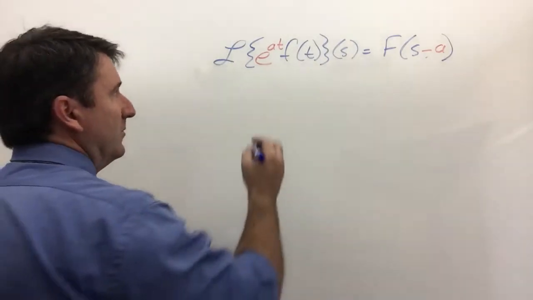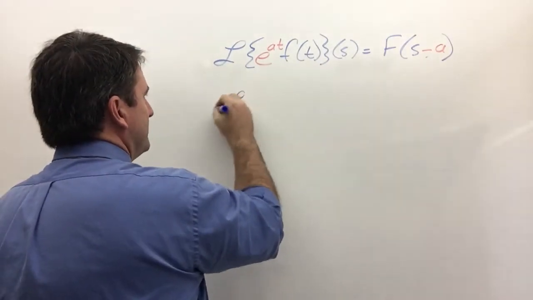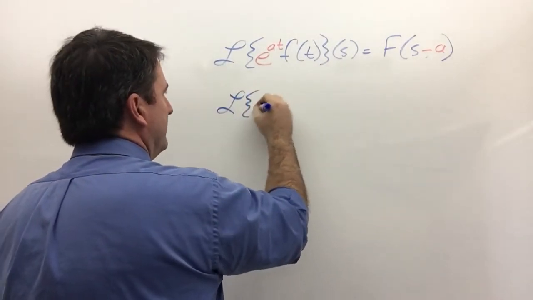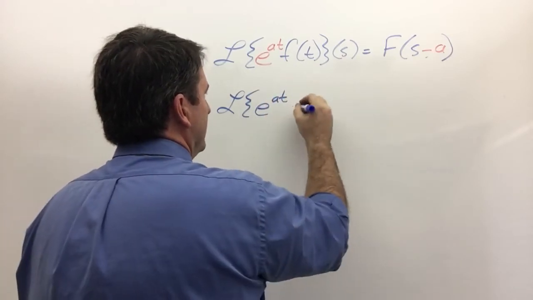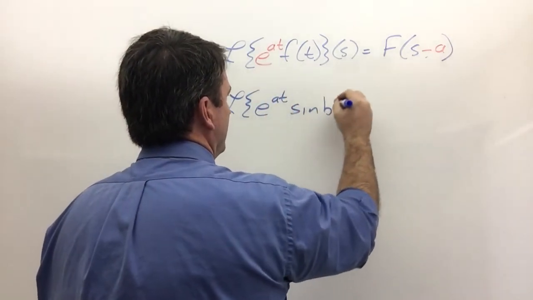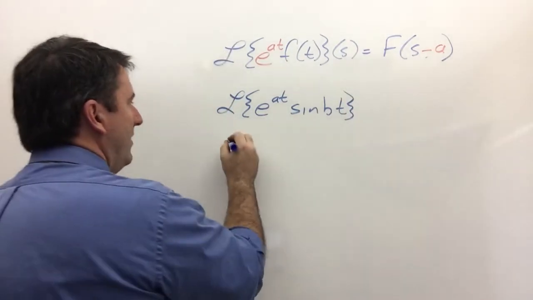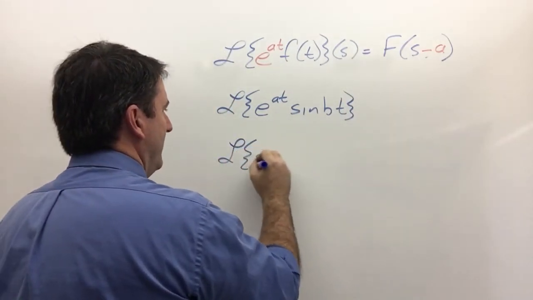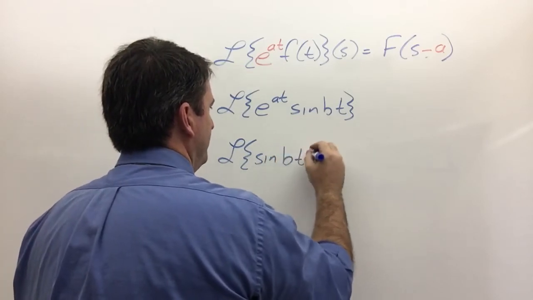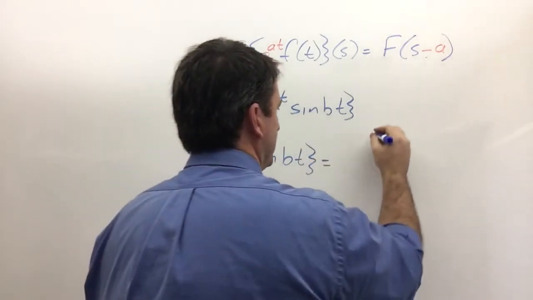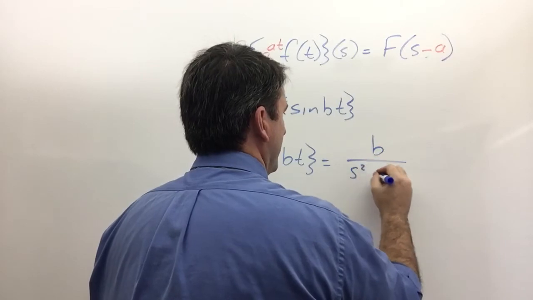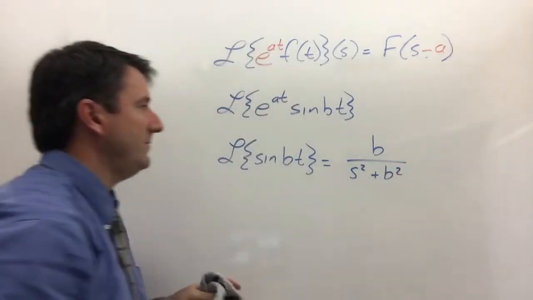Let's say we want to find the Laplace transform of e to the at times the sine of bt. Well, we know the Laplace transform of the sine of bt is equal to b over s squared plus b squared.